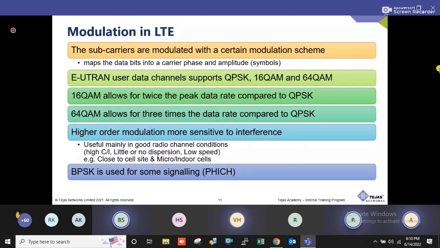Okay. The next important factor is modulation. I think everyone is familiar with QPSK, 16 QAM and 64 QAM, right? QPSK means quadrature phase shift keying, wherein we have 2 bits representation, 4 combinations: 00, 01, 10 and 11.